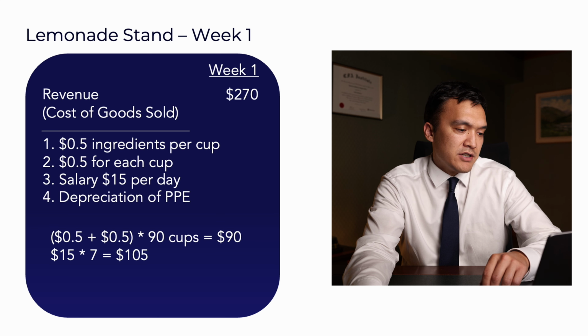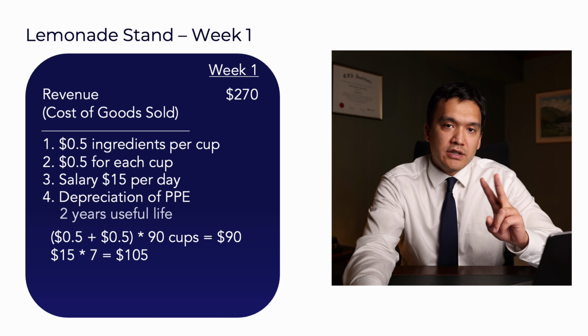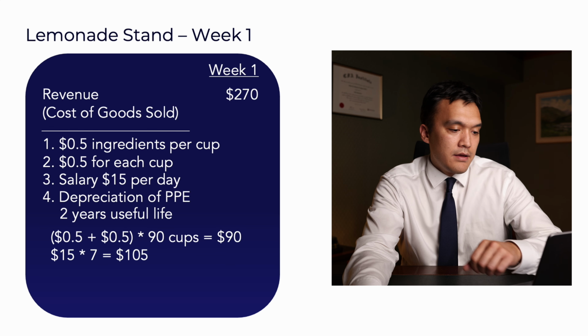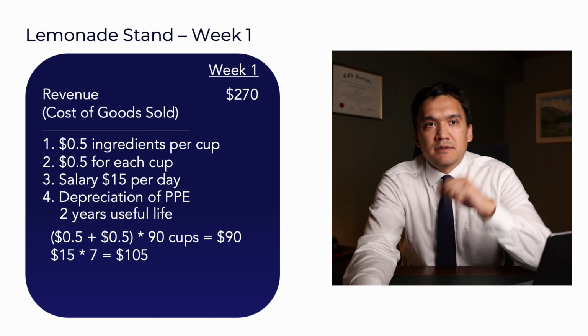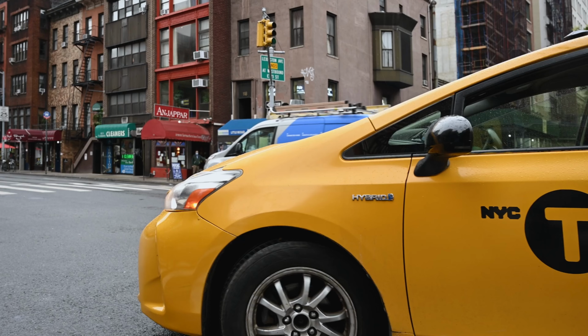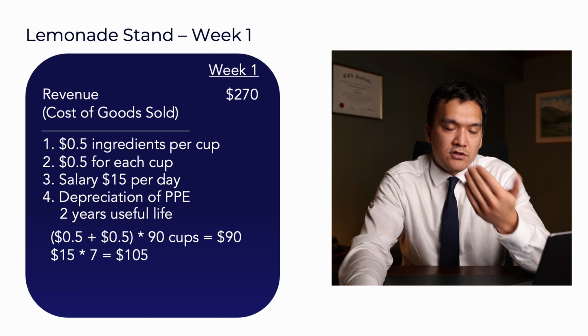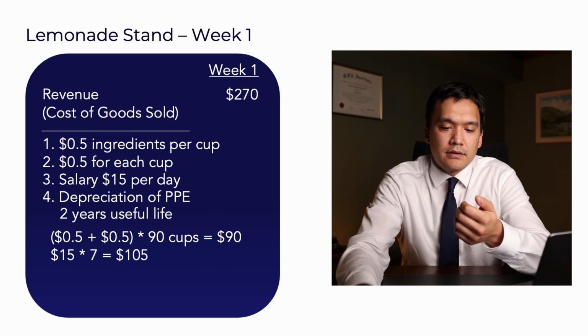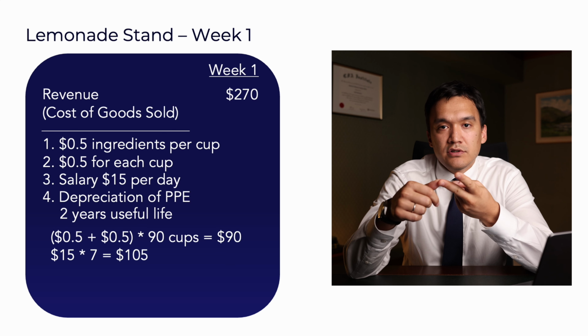Then we have depreciation of our property, plant and equipment, and we estimate that it has 2 years of useful life. For you to understand better the amortization and depreciation expense, I think it would be better to make an example of a taxi driver. Let's imagine that you paid your taxi driver $10 for your trip, and the cost of goods sold, in this case gas, was $2.